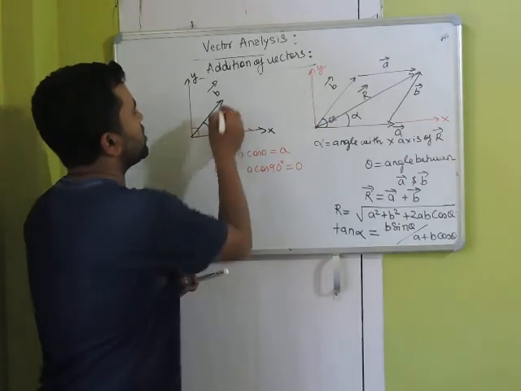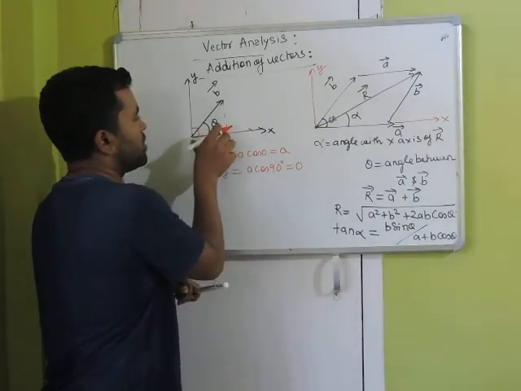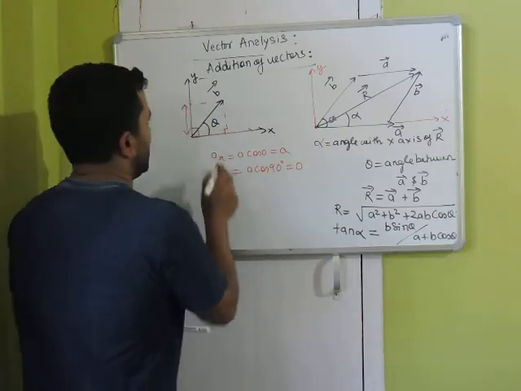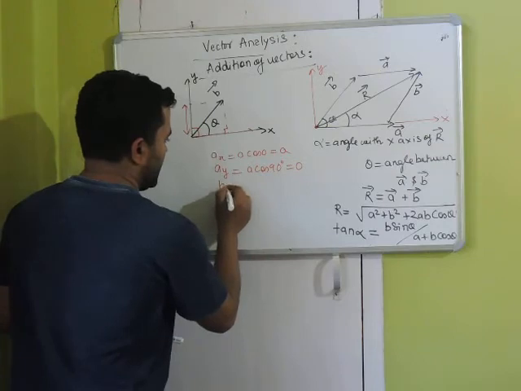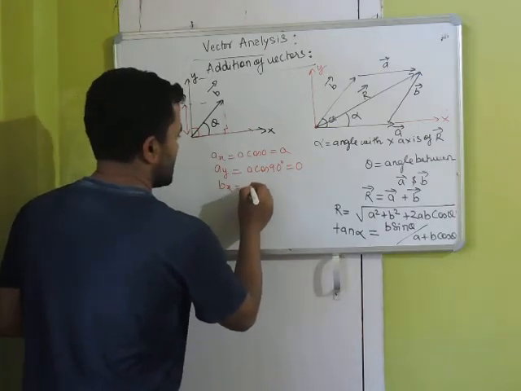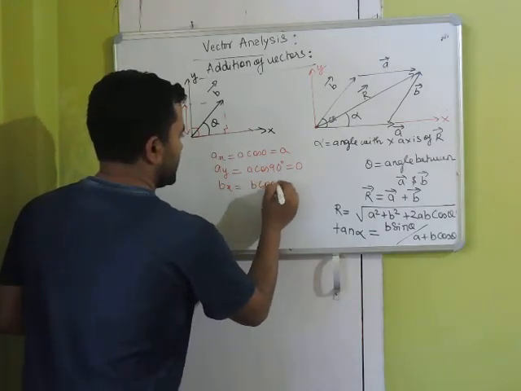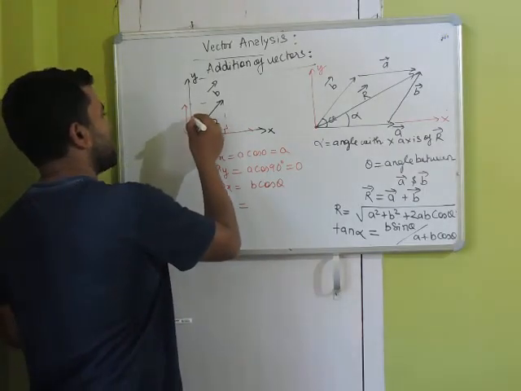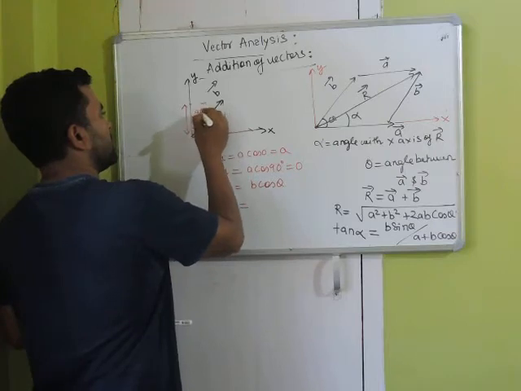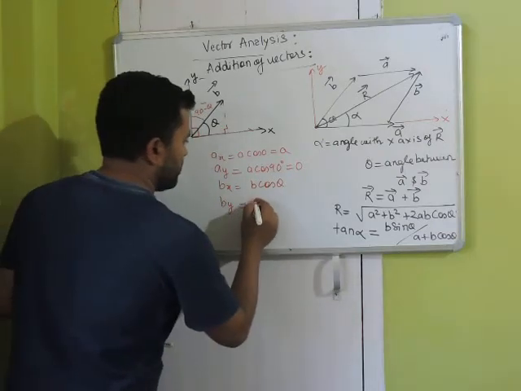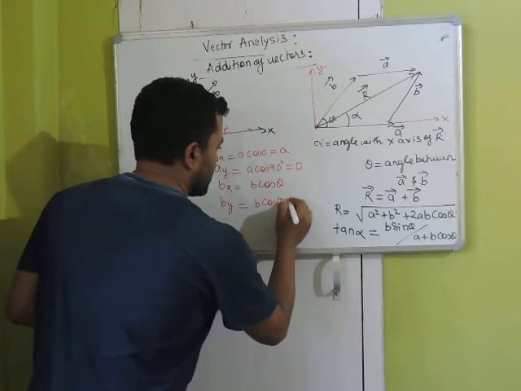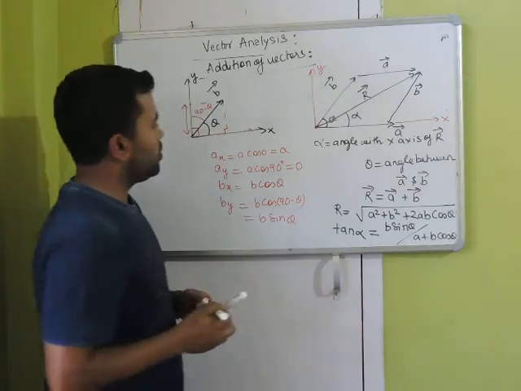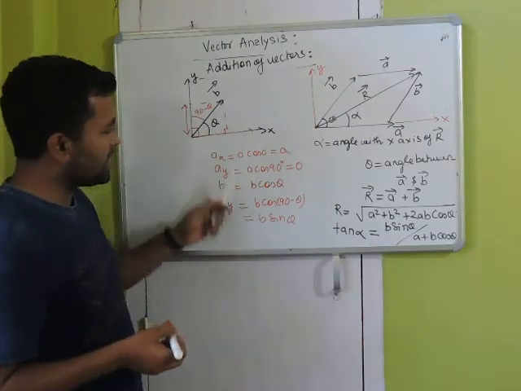So for B, you drop the components: this is the x component of B, this is the y component of B. B is making angle theta, so the Bx component is B cos theta, and for the By component, it is making 90 minus theta with the y axis. So B cos(90 minus theta), and cos(90 minus theta) is sin theta, so B sin theta. So A and B have these components.